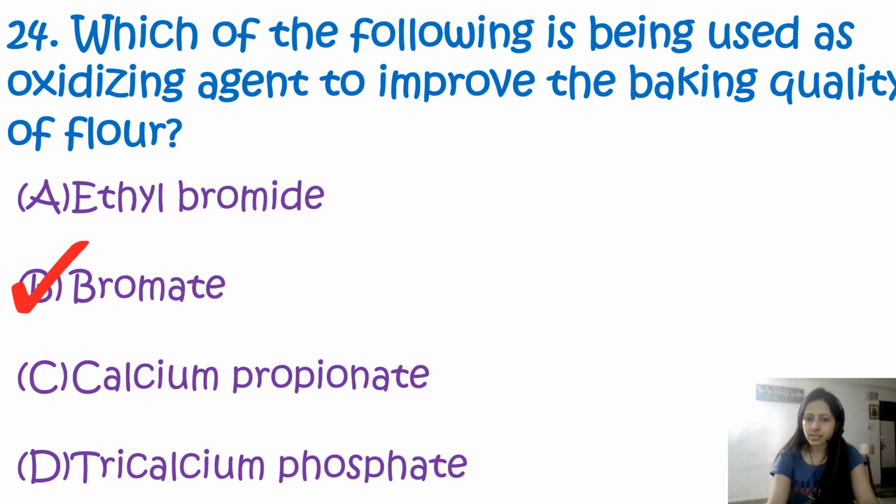However, due to concern about its potential health risks, bromate has been banned in various countries, whereas alternatives, that is ascorbic acid, vitamin C, or potassium iodide, are often used instead of sodium bromate or potassium bromate. But over here, the correct option is bromate.